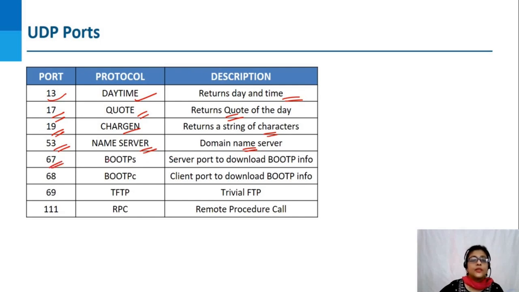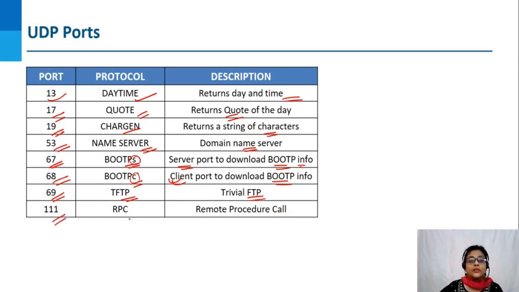Port number 67 is BOOTPS. It is a server port to download the BOOTP information. BOOTP stands for Bootstrap Protocol and S stands for the server side BOOTP information. Port number 68 gives BOOTPC, which is the client port to download the BOOTP information. C stands for the client. Port number 69 is TFTP, which is the trivial file transfer protocol, used to get back a file.